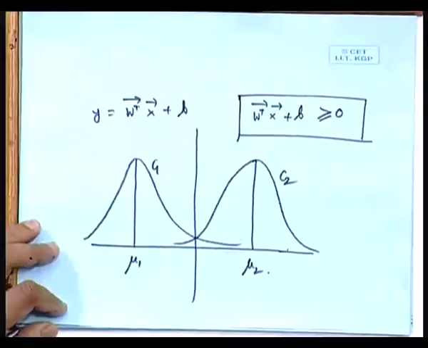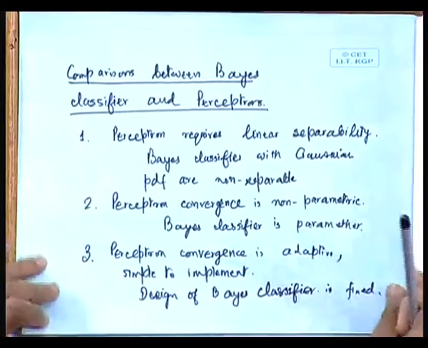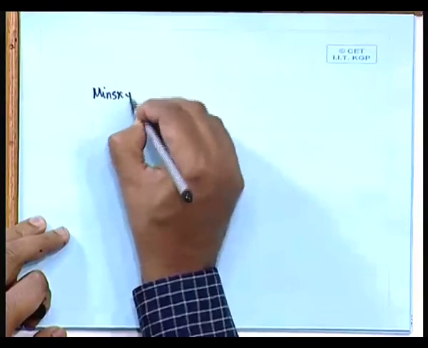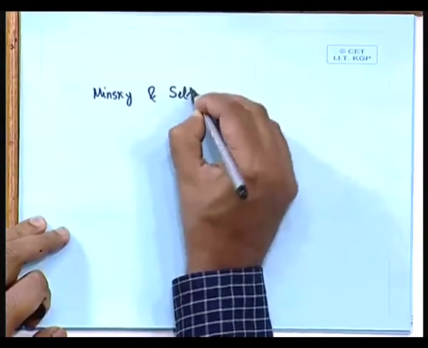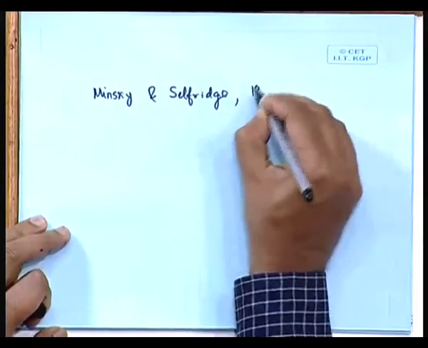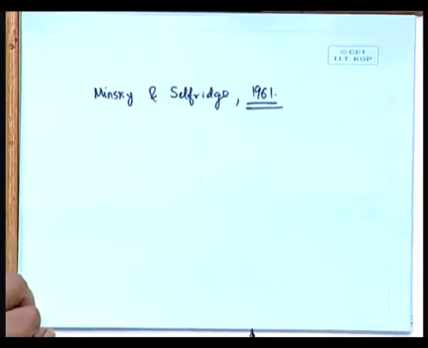Now, in the 1960s, after Rosenblatt's theory was presented, it was Minsky and Selfridge, these two scientists, in the year 1961, who presented a paper where they showed the inadequacies of perceptron, in the sense that perceptron cannot solve problems which are not linearly separable.